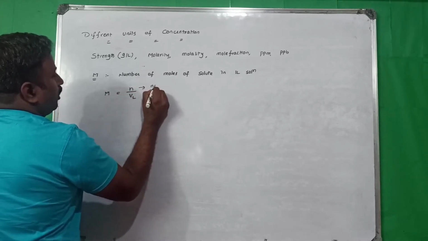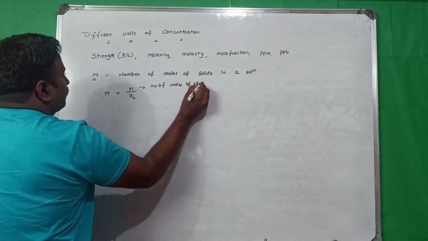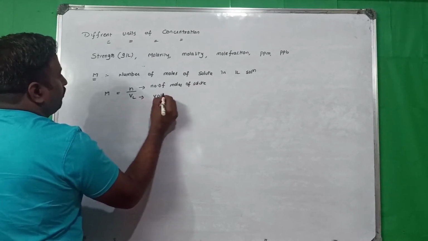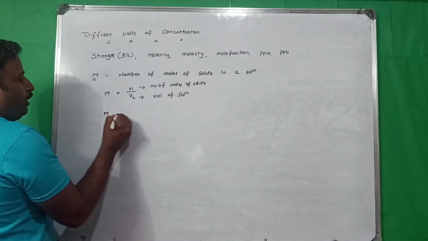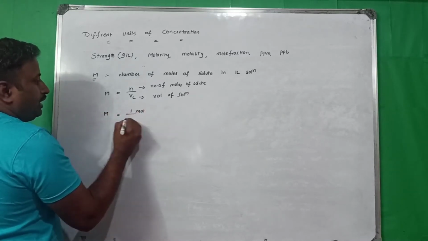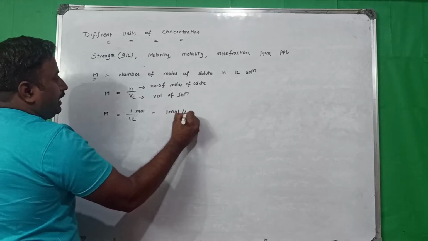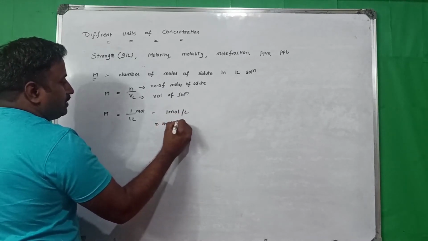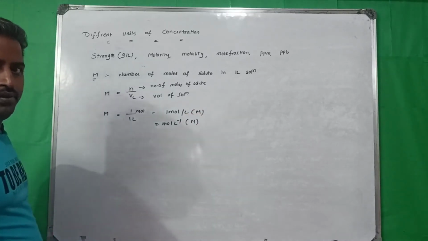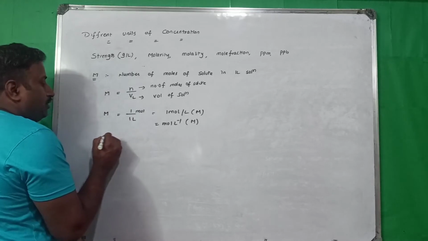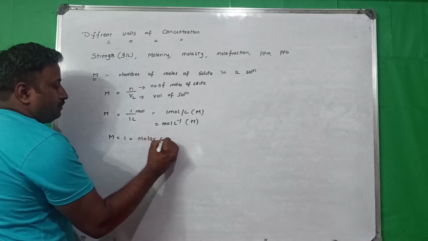Here N is the number of moles of solute, V is the volume of solution. If 1 mole is dissolved in 1 liter, we call it 1 mole per liter or mole liter inverse, and we call this a molar solution. So 1 molar means M is equal to 1.